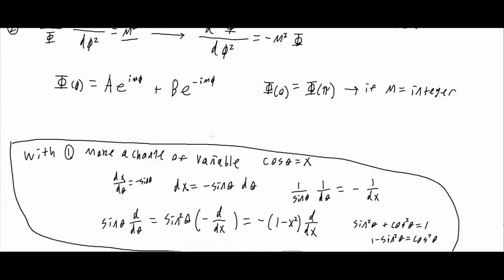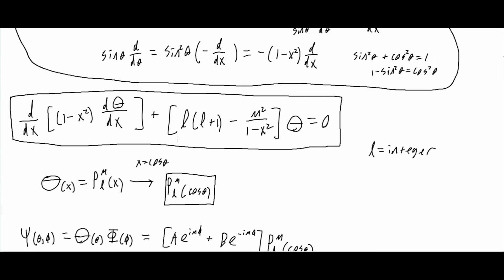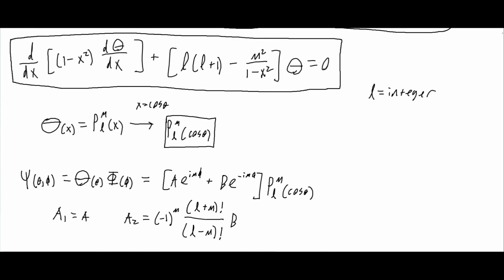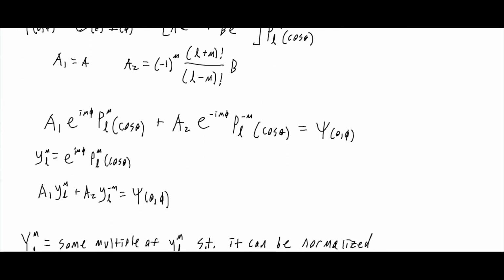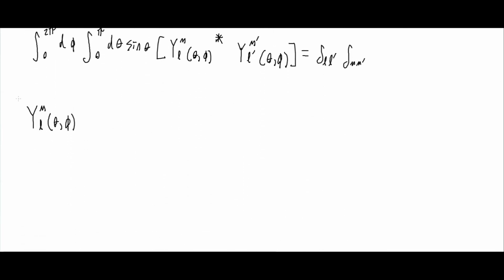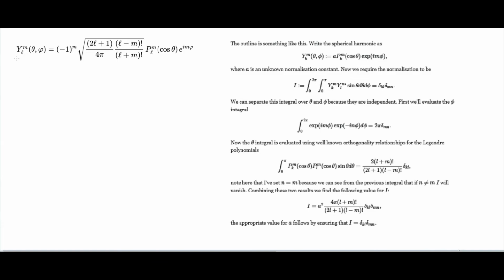We used m squared, and then all of this change of variable stuff, so that we could get it in the form here of the associated Legendre equation, and that allowed us to have solutions where we have the associated Legendre functions here, and that allowed us to get to this symbol here, which is the symbol for the spherical harmonics.